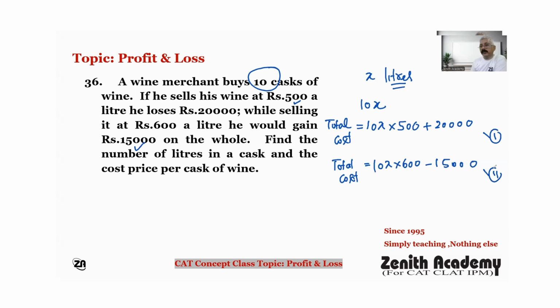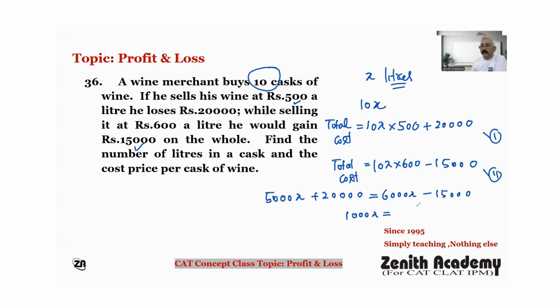So these two equations are the same. Means 500 into 10, 5,000x plus 20,000, and here it is 6,000x minus 15,000. This 6,000 minus 5,000 is equal to 1,000x.